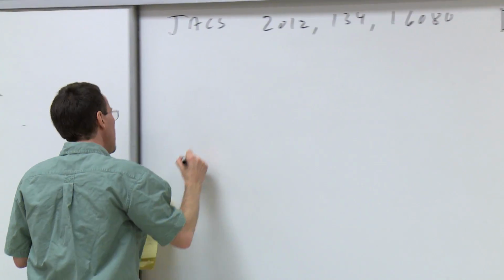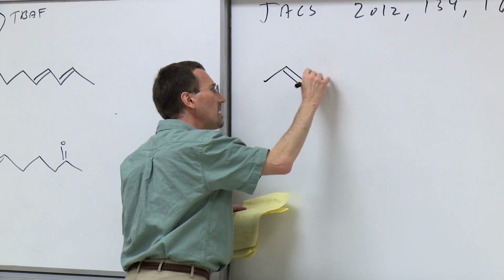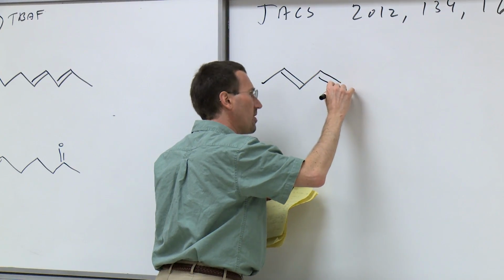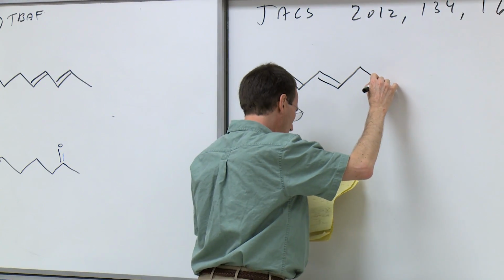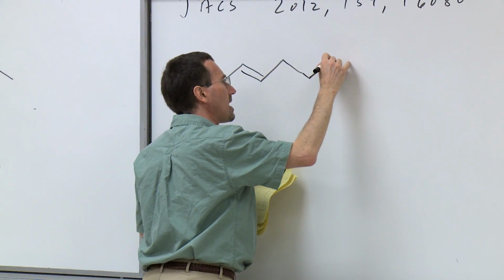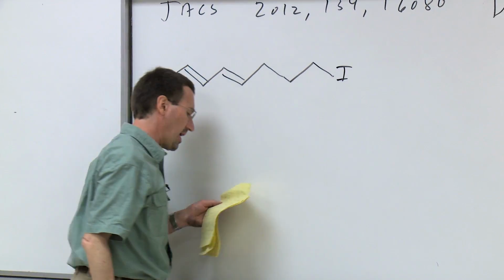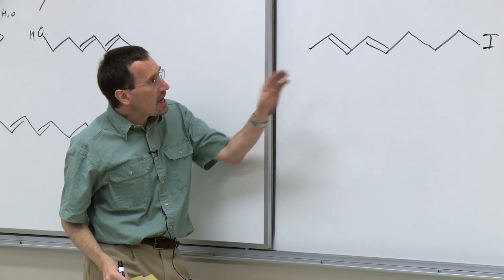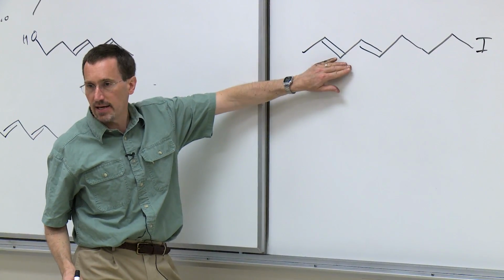So here's his synthesis. He goes at a slightly different strategy, doesn't use the Robinson annulation. It's really very nice. We're going to come to this iodide in a second.